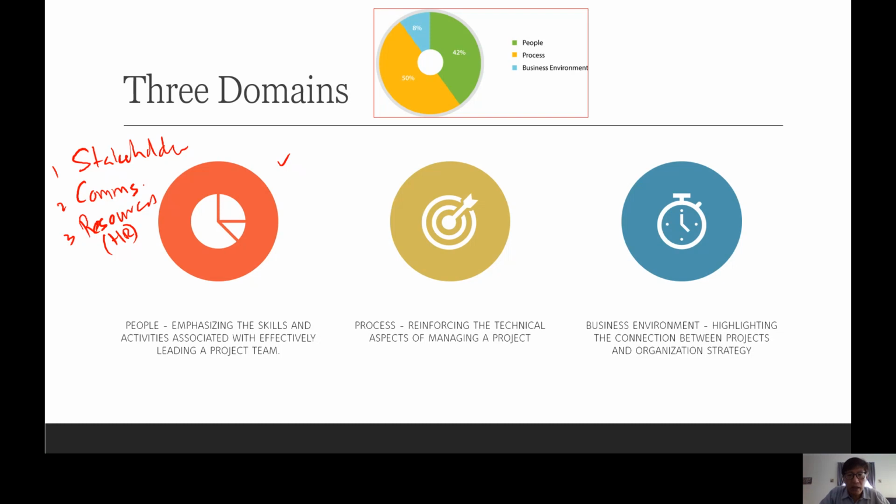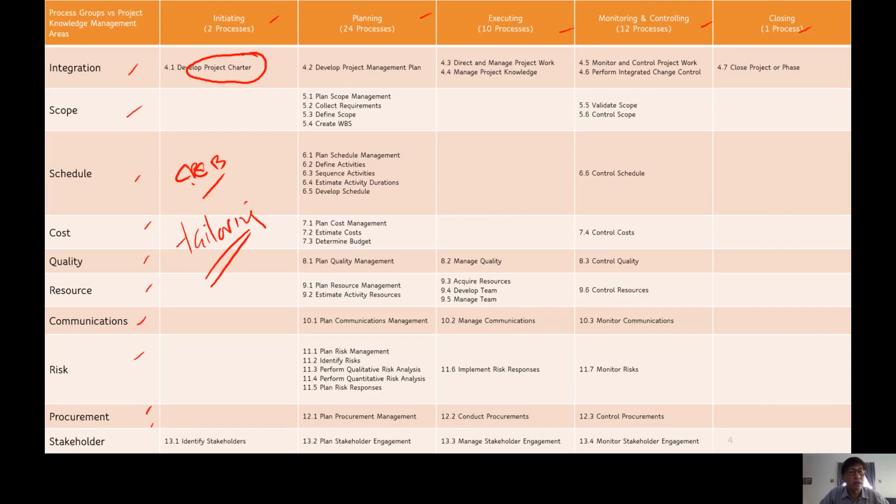If you look at the 49 processes or the areas, we are looking at utilizing resource, specifically the section that deals with human resources, communication, and of course the last part here, stakeholder management.